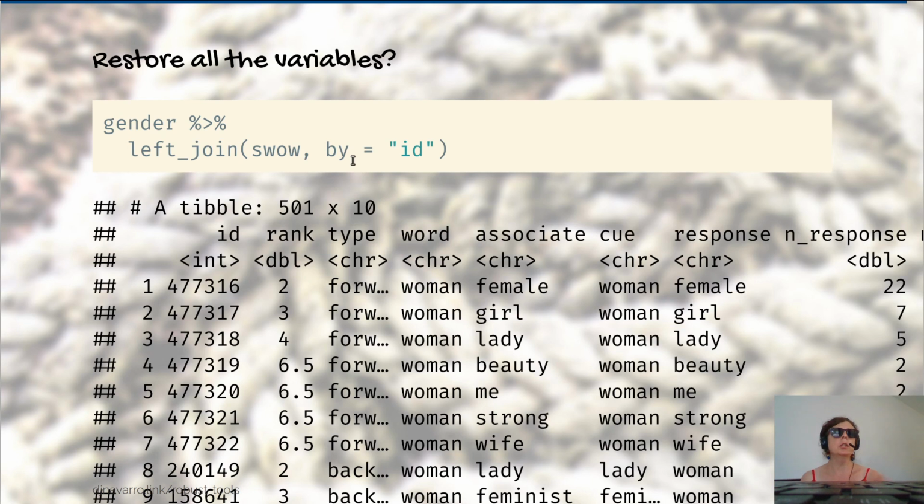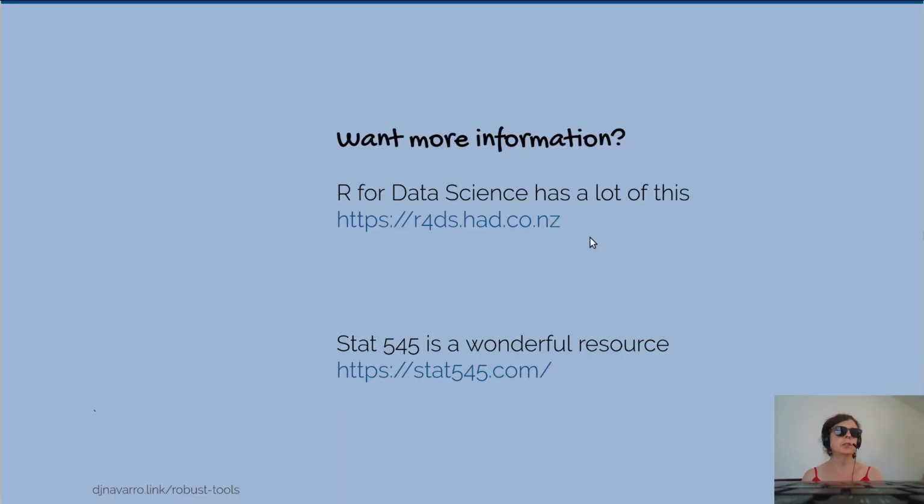And I'm not going to talk much about the differences between left joins, right joins, full joins, and there are some other joins in dplyr. That's a more advanced topic, but I want to highlight that the gender data, we can pipe it to a left join and it'll restore all of those variables that I selected out originally. So that's nice. We don't lose the data. If you ever want to combine datasets back together, joins are your friend.